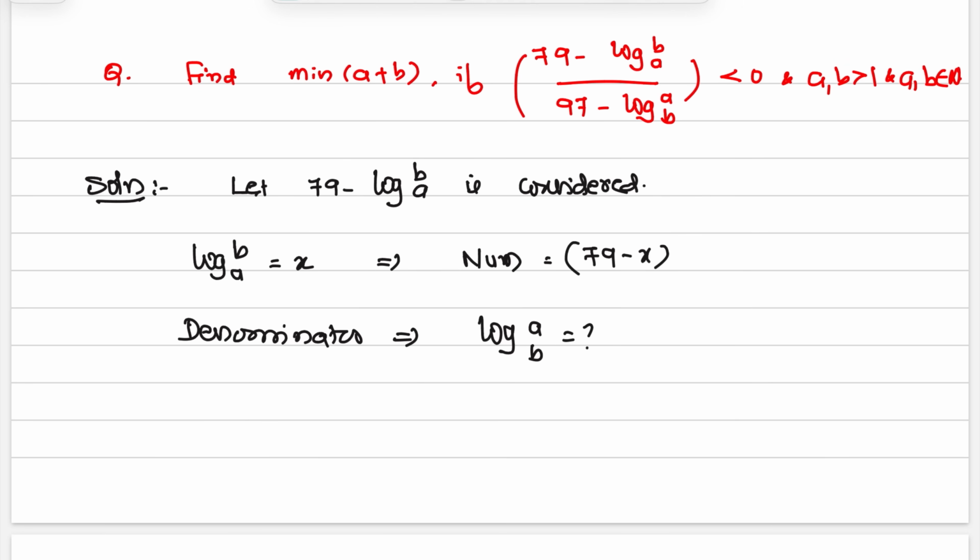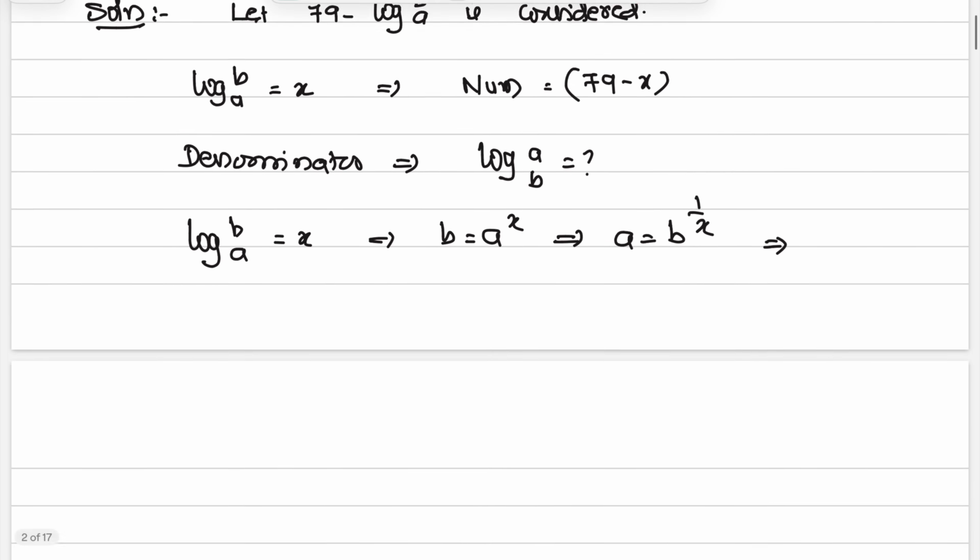Now, log b to the base a is equal to x. That implies b is equal to a to the power of x. That implies a is equal to b to the power of 1 by x. When sides interchange, the exponential value will become inverse. a is equal to b to the power of 1 by x.